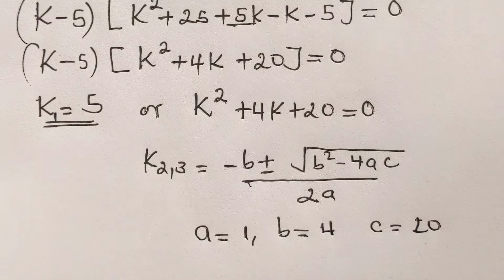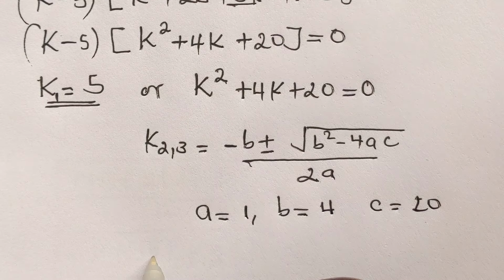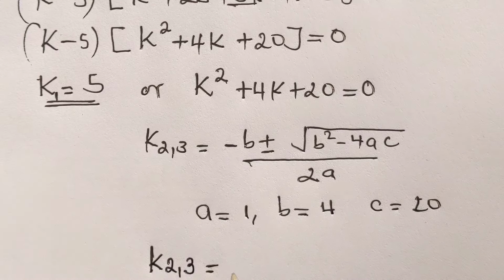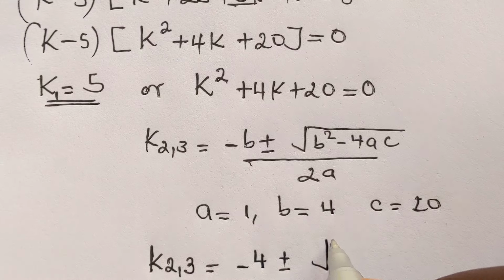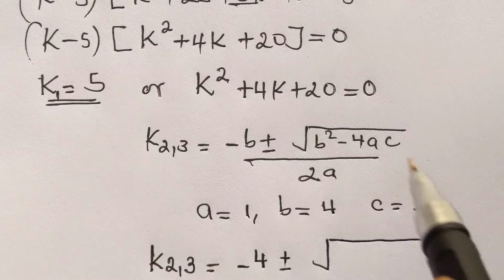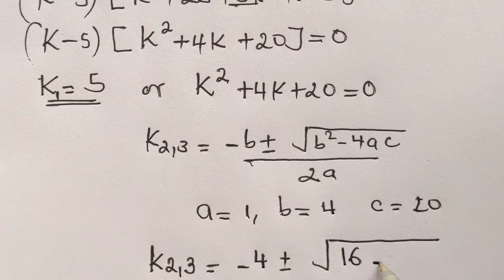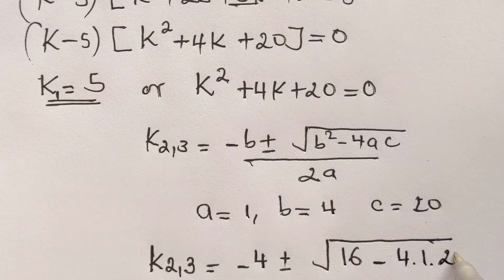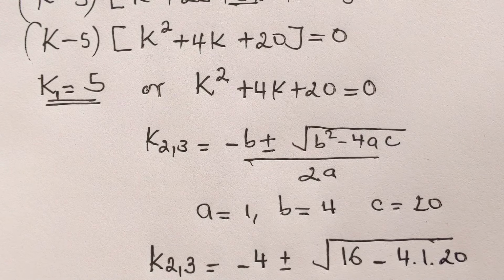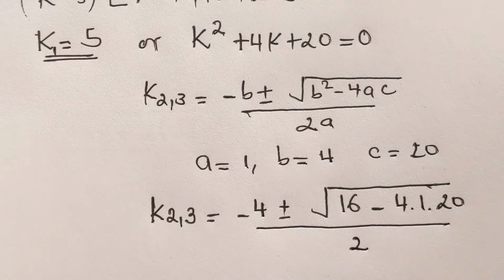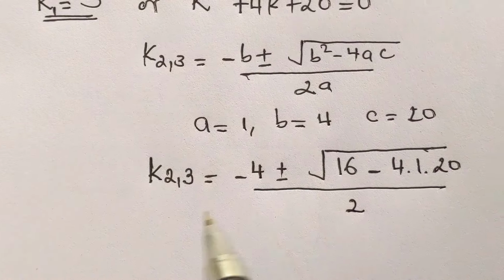Okay, then here k2 and 3 will be equal to negative 4 plus or minus square root of b squared, which is 16, then minus 4 times 1 times 20, over 2 times 1, which is equal to 2.